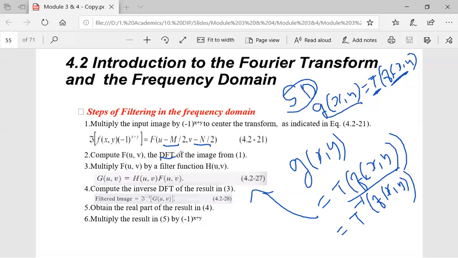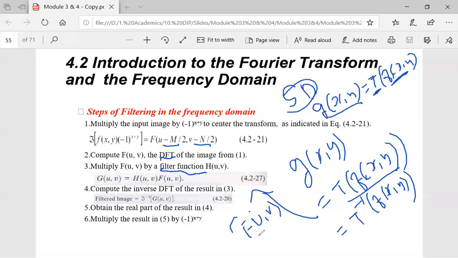To get the discrete Fourier transformation at the first level, you need to multiply with some function. Here we are calling it the filter function H(u,v). F(u,v) and f(x,y) are one and the same; the x and y terms have been written as u,v here. Let me take u,v itself only.